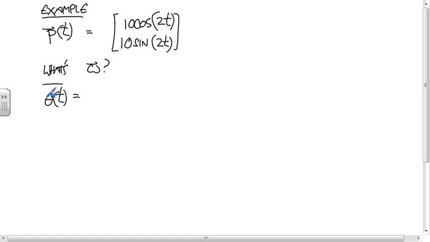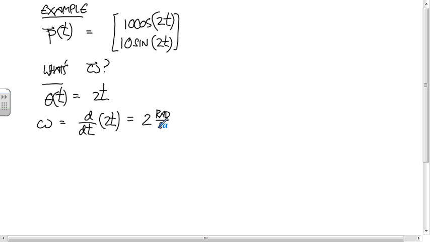And so in this case, our angular position is just 2t. That's in radians. And so to find the angular velocity, we're going to take the derivative with respect to time of 2t, and that just gives us 2. The units there are radians per second.